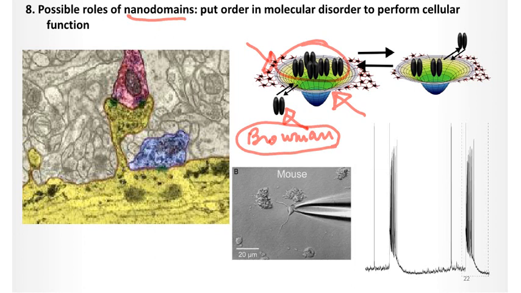The number could be controlled, the residence time is controlled, but also the size and the energy of this potential well, as well as the precise location, as we have seen with these nanodomains, could contribute fundamentally to their position. And with all of this, the neuron should be able to perform its function and have the specific physiological response that defines its function.